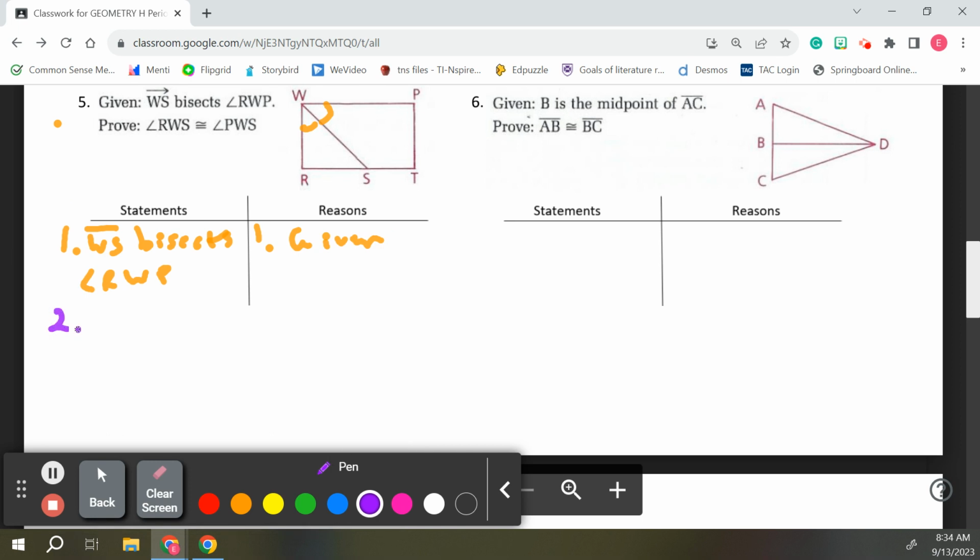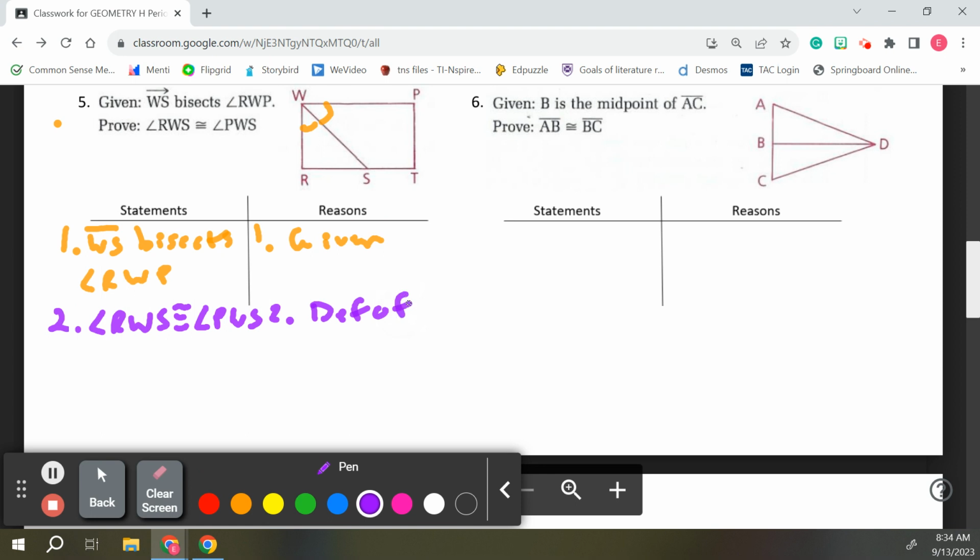So if that bisects, what do I know about those two angles? They're congruent, so you can just go straight into it. Angle RWS is congruent to angle PWS. And that's because of what? Very good.